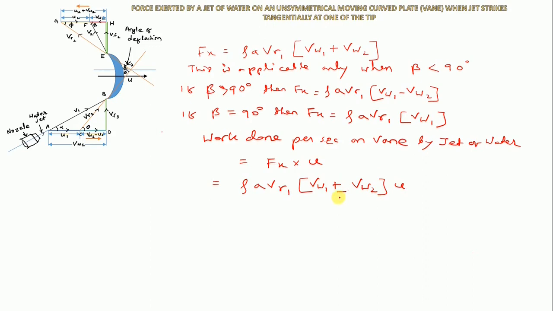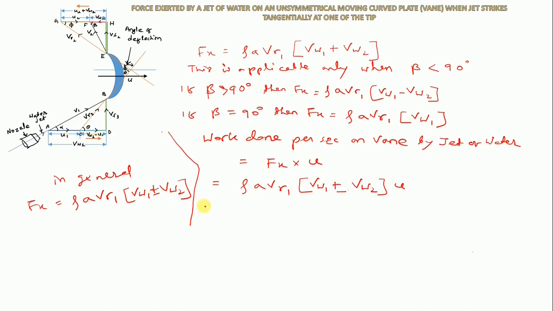because in general Fx is equal to rho a Vr1 into Vw1 plus minus Vw2. As per the beta value, the plus minus symbol will be changed.